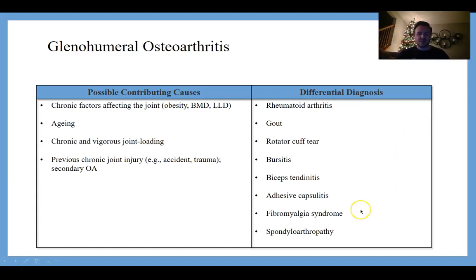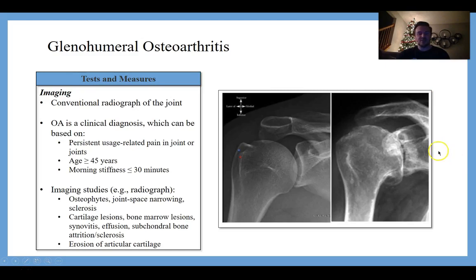And then things like pain syndrome. So the reason we have pain syndrome like fibromyalgia is because OA is kind of a globally irritable diagnosis of the shoulder. It doesn't just present anterior or posterior. It's kind of a global irritation of the shoulder. And then other types of joint issues like spondyloarthropathies may be a differential.